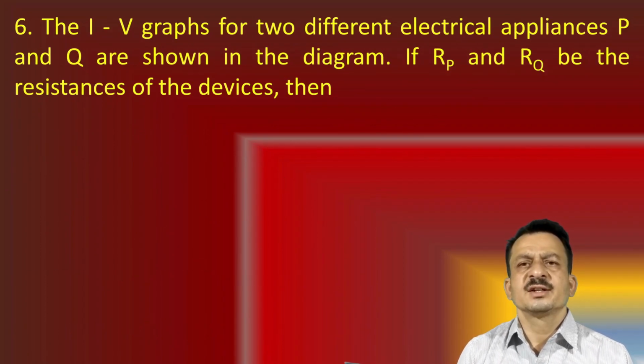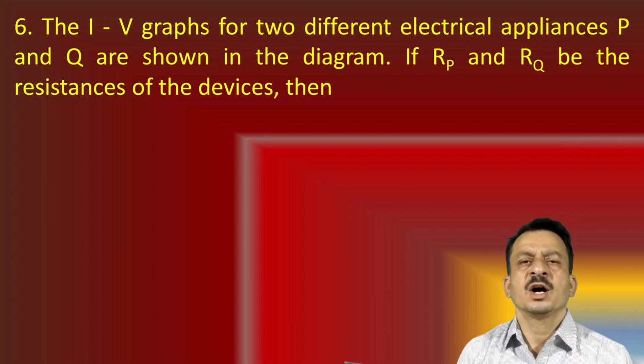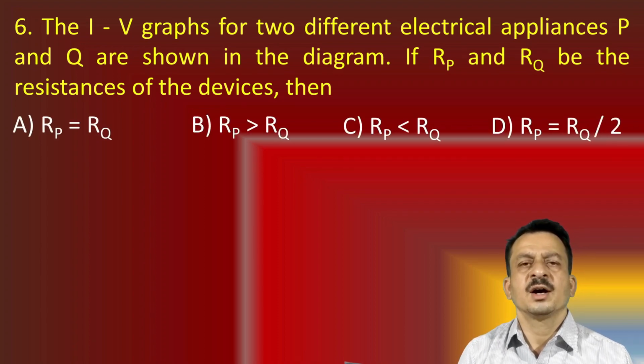The IV graph for two different electrical appliances capital P and capital Q are as shown in the diagram. If Rp and Rq be the resistance of the devices, then options: A, Rp is equal to Rq, B, Rp greater than Rq, C, Rp less than Rq, and D, Rp is equal to Rq divided by 2.